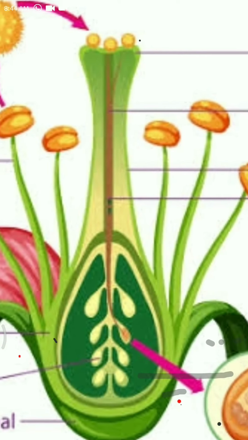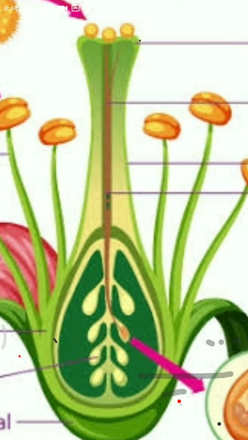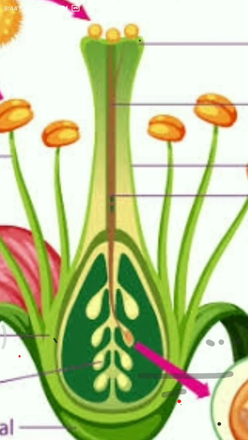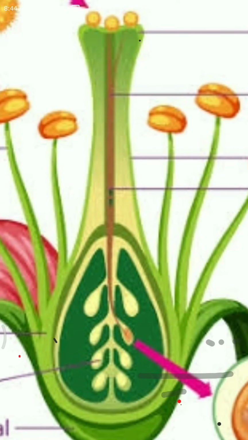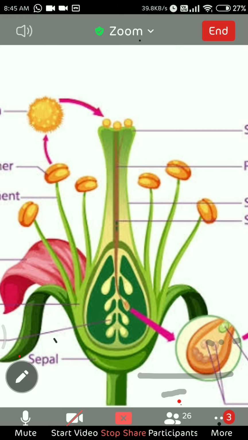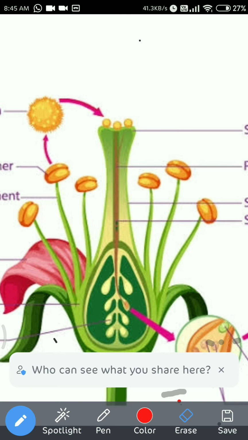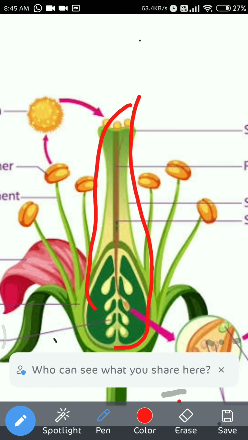So this is the innermost part, or the middle part, of the flower. This is the female reproductive part, the gynoecium. Are you able to see this middle part? This is called the female reproductive part: gynoecium, pistil, carpel.